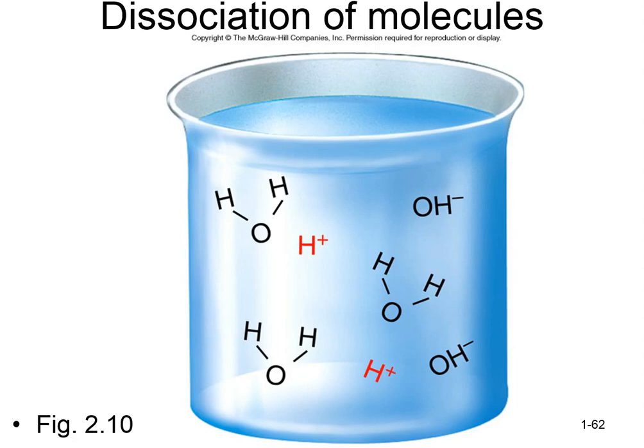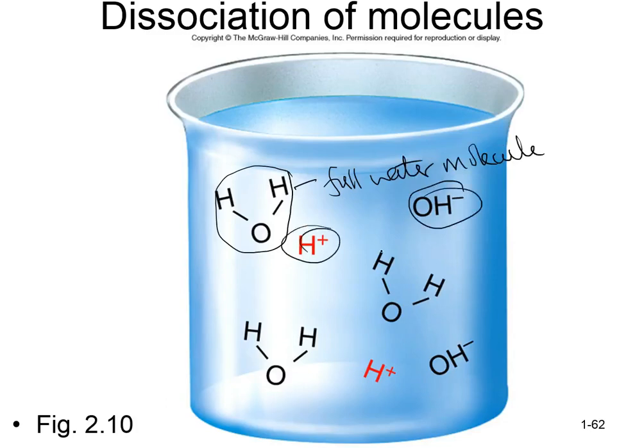When you have water, you have the full water molecule and you have ions in there, H plus ions and OH minus ions. So what matters is how many H plus and how many OH do we have for us to call it acidic or basic?